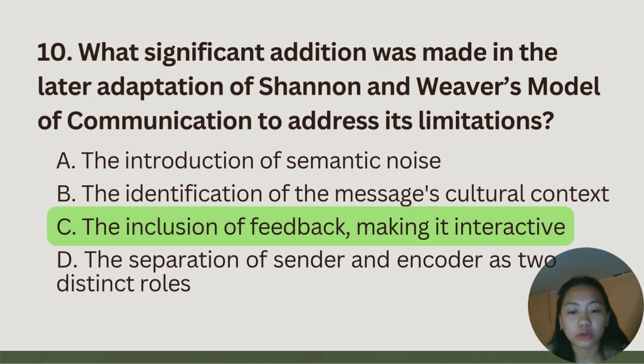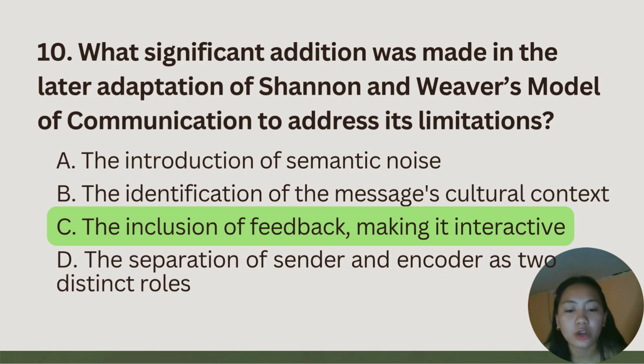However, to make the model more applicable to human communication, a major update was made. They added feedback, which transformed the model from linear to interactive. This allows communication to be seen as a two-way process, where the receiver can respond and the meaning is negotiated, not just transmitted. Okay?